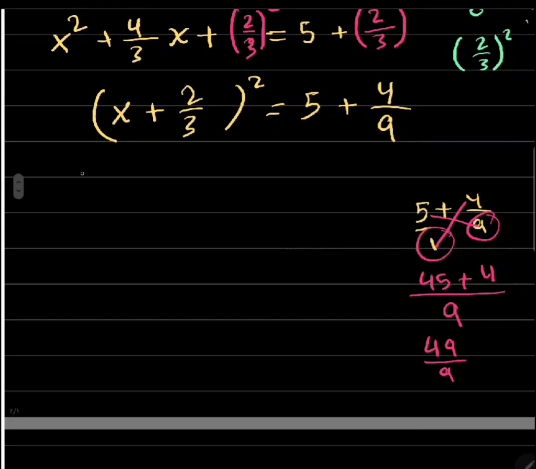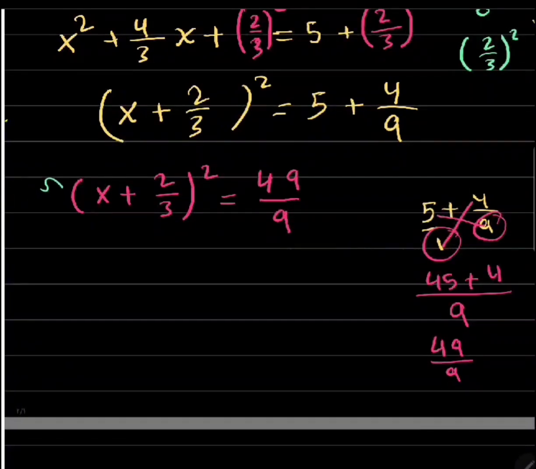So this is the simplest way you can add or subtract any two fractions. And I have already uploaded one of my YouTube videos to show this method. So let's go ahead and take care of this. So this is x plus 2 over 3 squared equal to, this adds up to 49 over 9. So how do we undo this square?